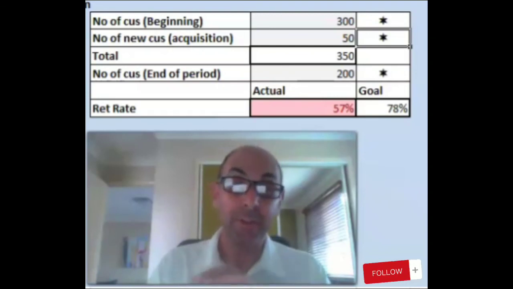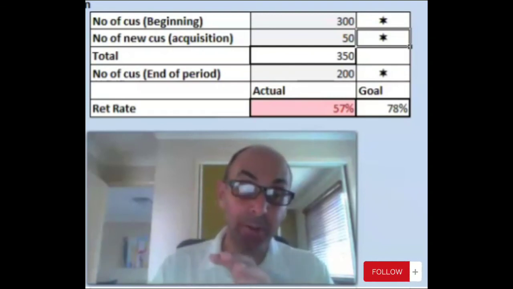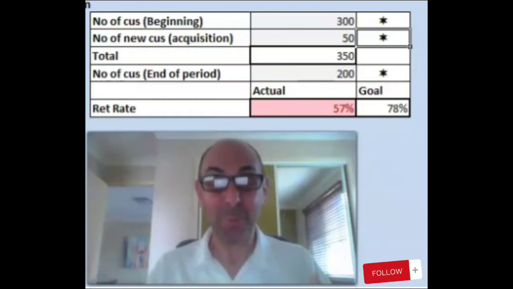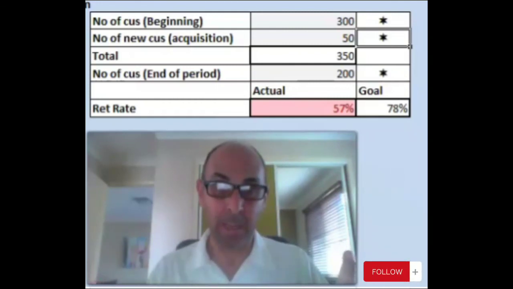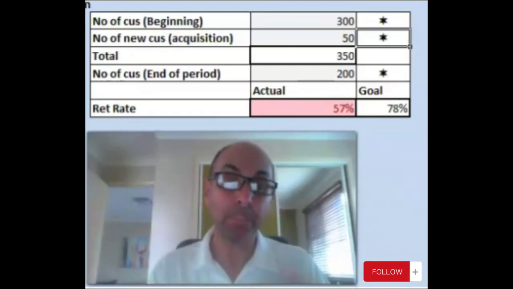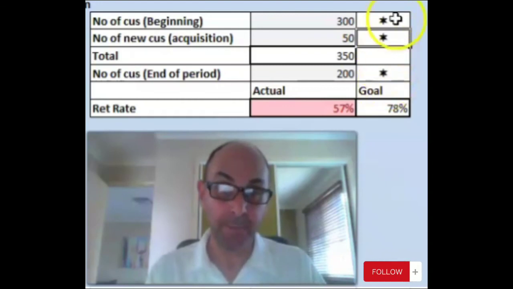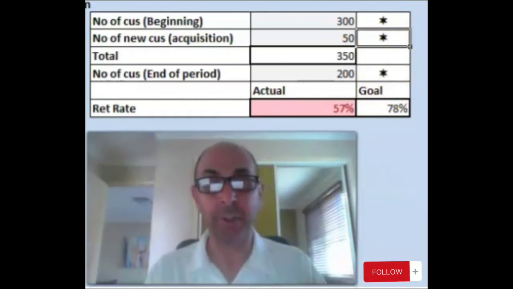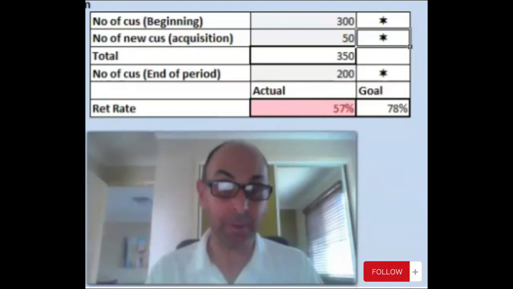So again, this is not going to save your business, but what it does is it gives you some accountability around your retention. So we keep this in a formula like this, but then it prompts you to look at each of the areas with the star and to go and look at much further detail around why those things are happening. That's where the answer is.